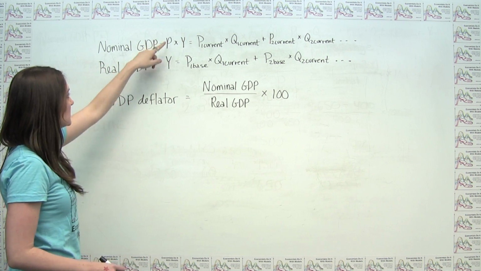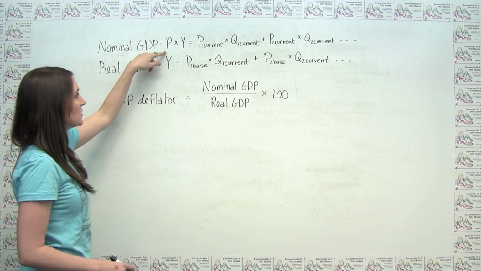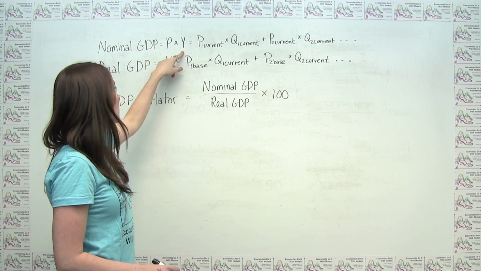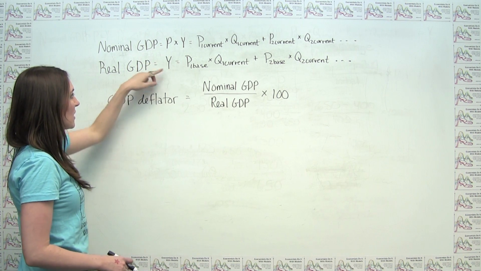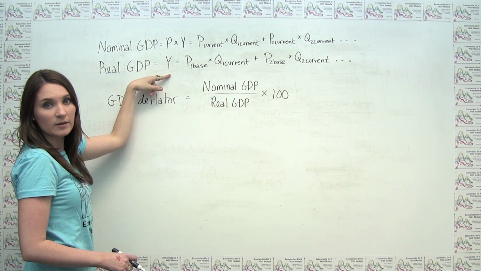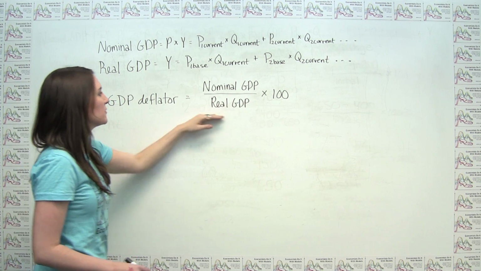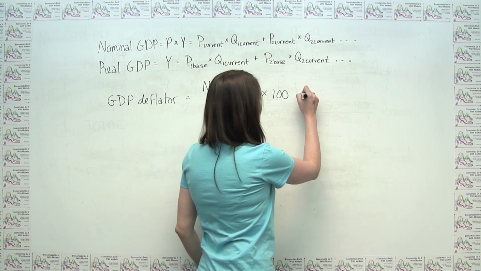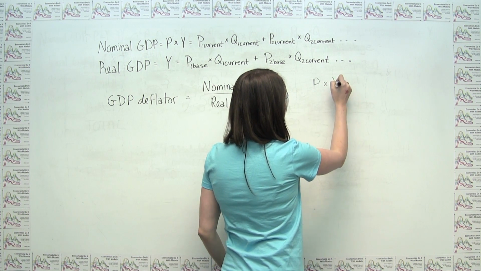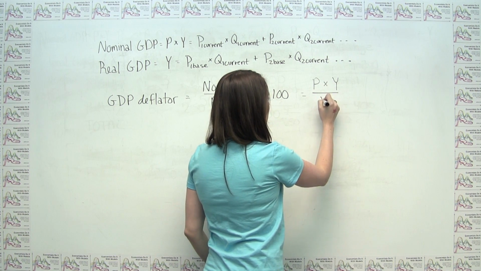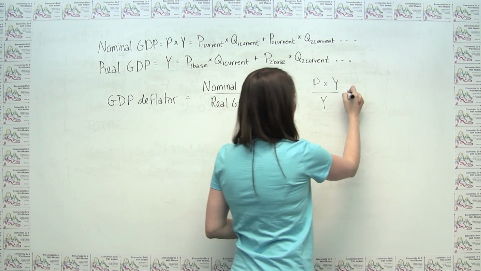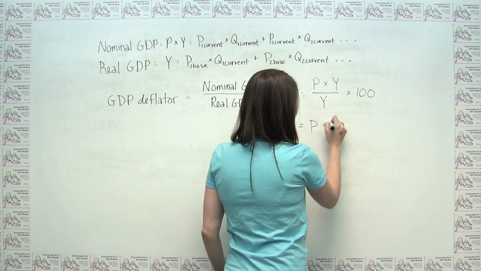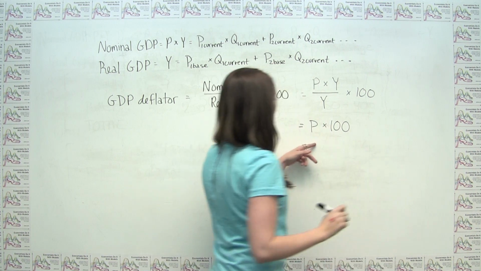Here we can see, if we consider nominal GDP as we've defined it to be some measure of aggregate price level times real output, and real GDP is just that Y, or that real output in and of itself, what we get out of this is that our GDP deflator is just P times Y, which is our nominal GDP, divided by Y, which is our real GDP, times 100, or even simpler, P times 100.